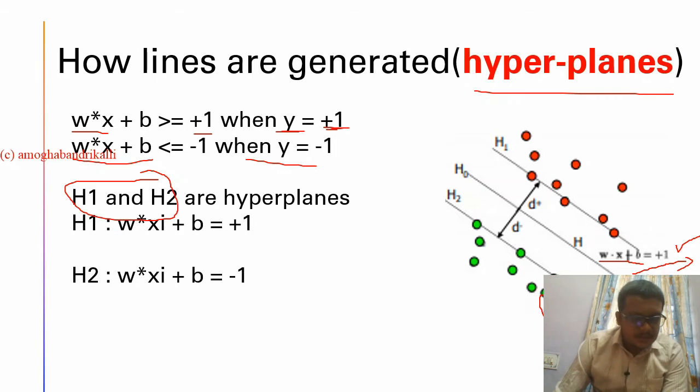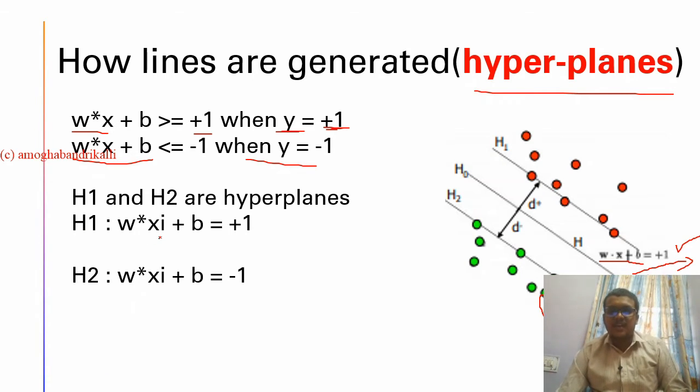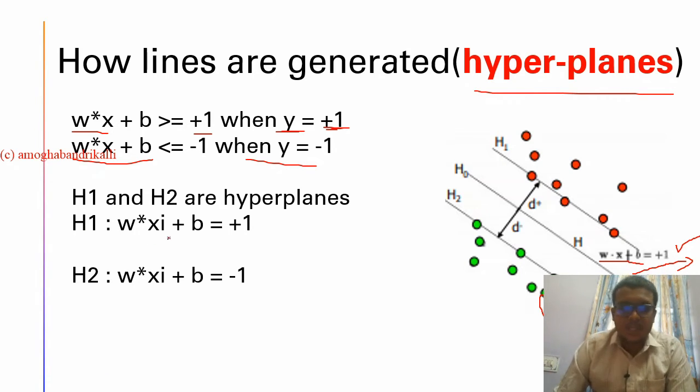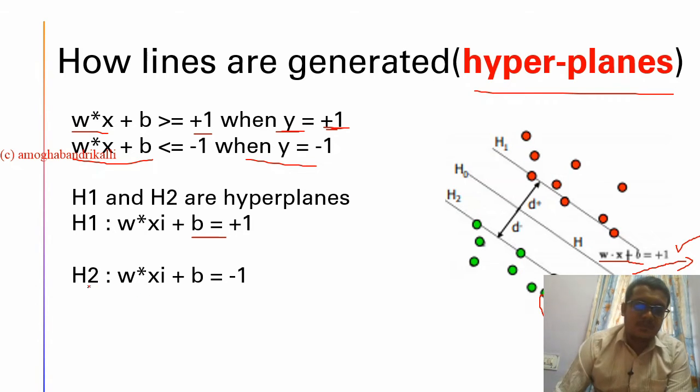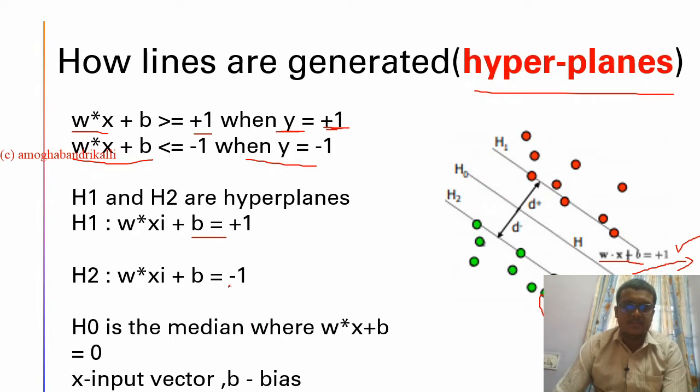H1 is w into xi plus b is equal to plus 1, where xi means i can be 1, 2, 3. These are the respective equations. H2, that is hyperplane 2, is given by w into xi plus b is equal to minus 1.